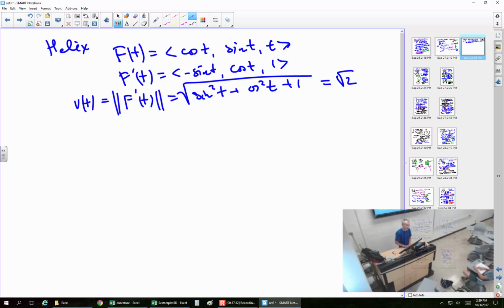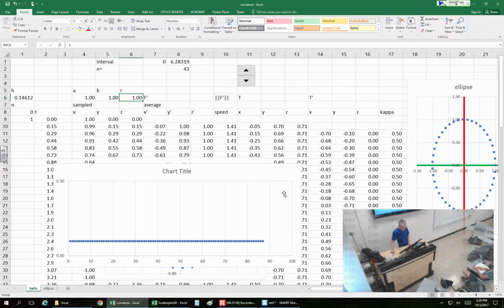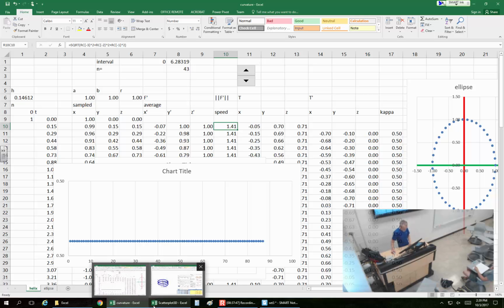I thought it was square root of 2 over 2, but no, this is the speed that we found. It is square root of 2.